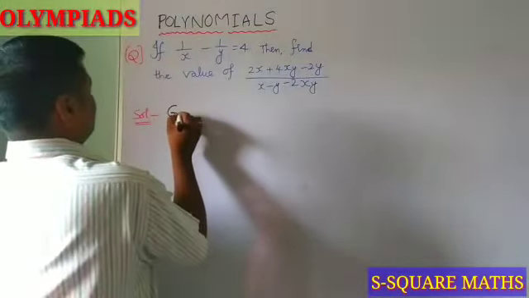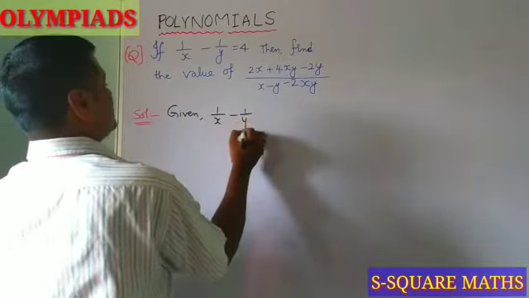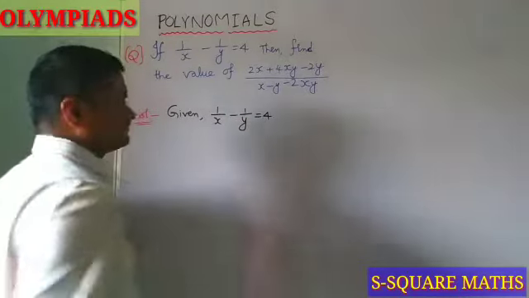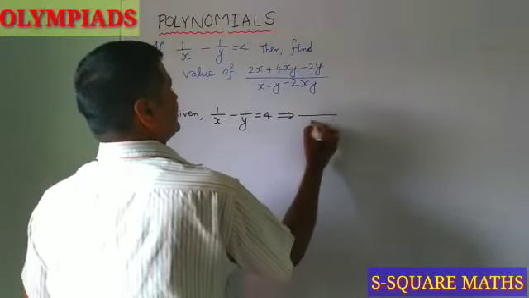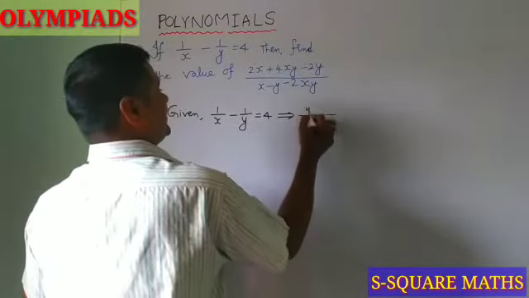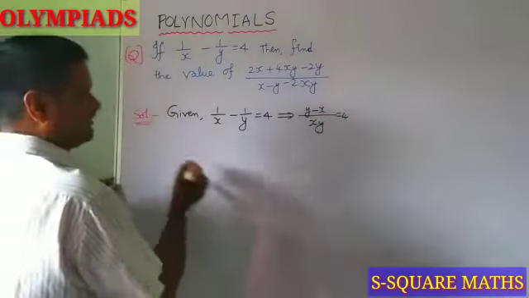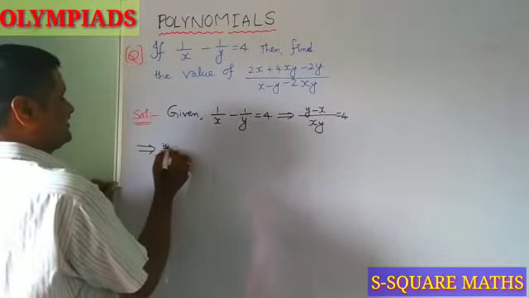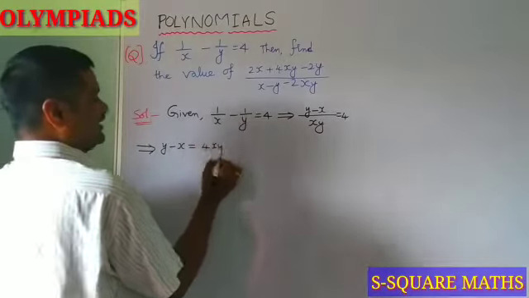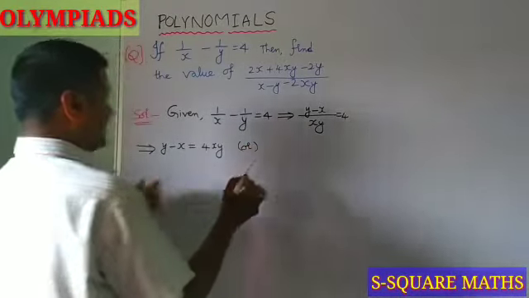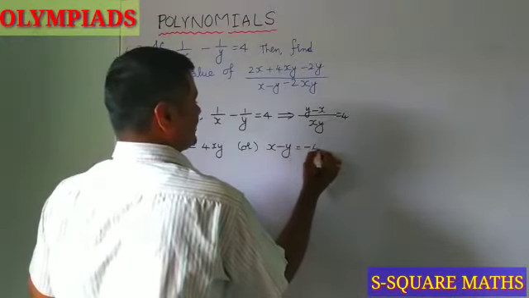So given 1 by x minus 1 by y is equal to 4. On the LHS, taking the LCM, it is xy. So here it is (y minus x) by xy is equal to 4. After cross multiplication I can write it as y minus x is equal to 4xy, or I can also write x minus y is equal to minus 4xy.